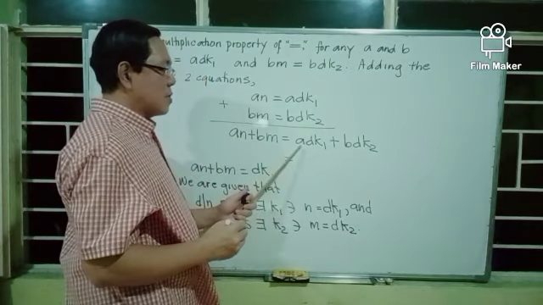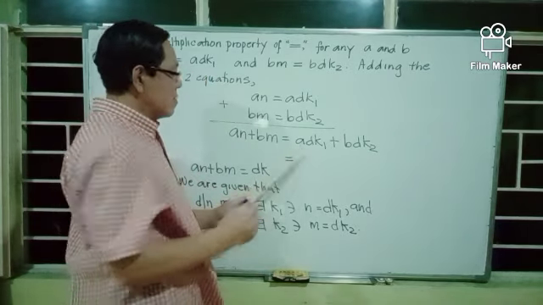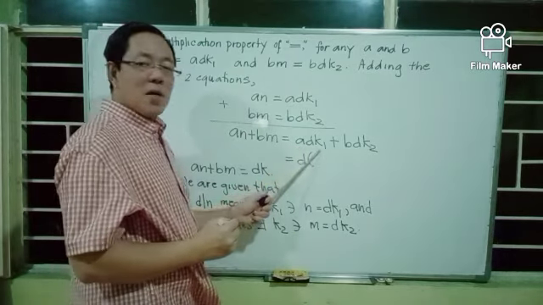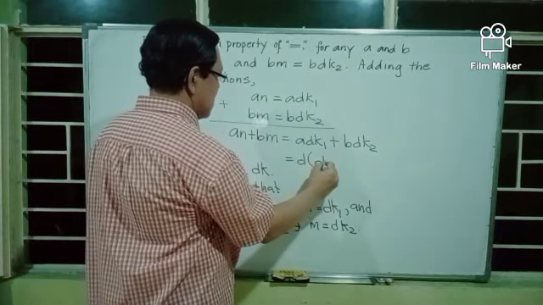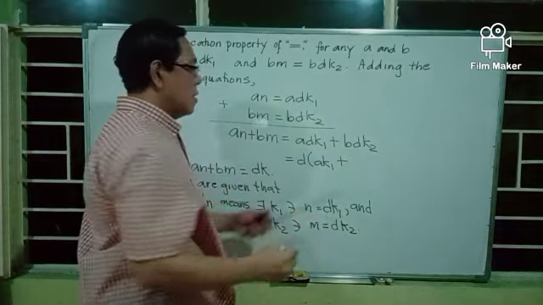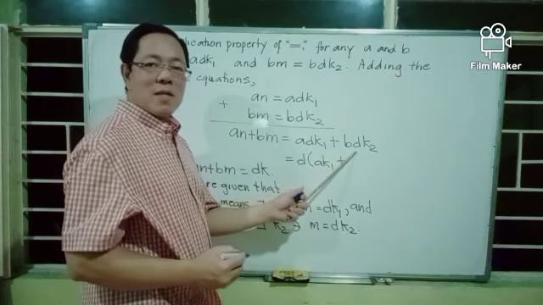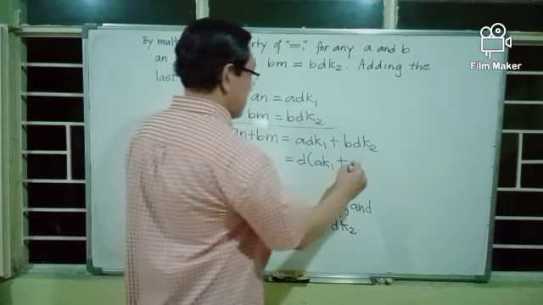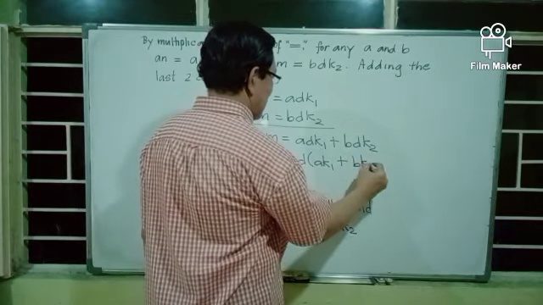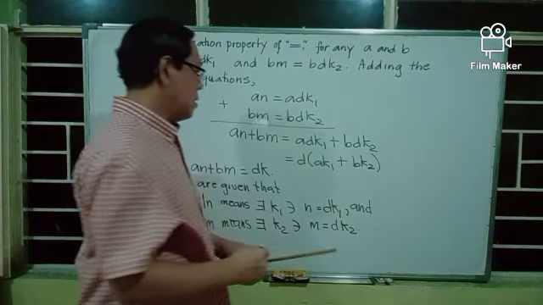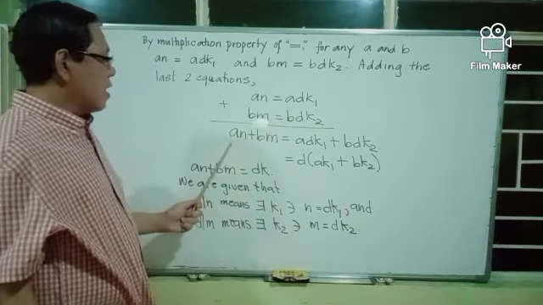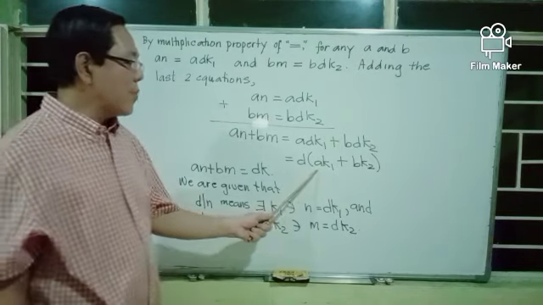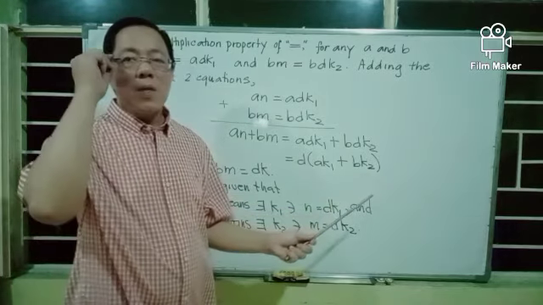If you factor out d from the first term, what is left in the first term is a k1. If you factor out d from the second term, what is left in the second term is b k2. Now we get an plus bm equals d times the quantity, the sum of a k1 plus b k2.